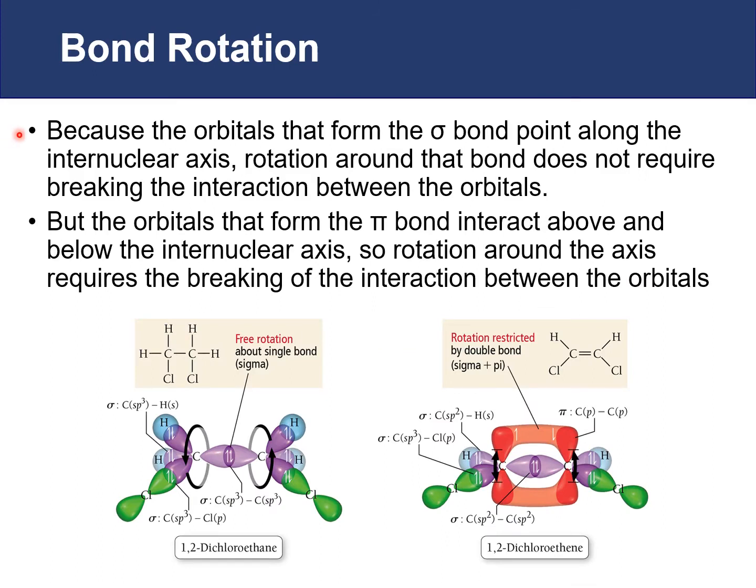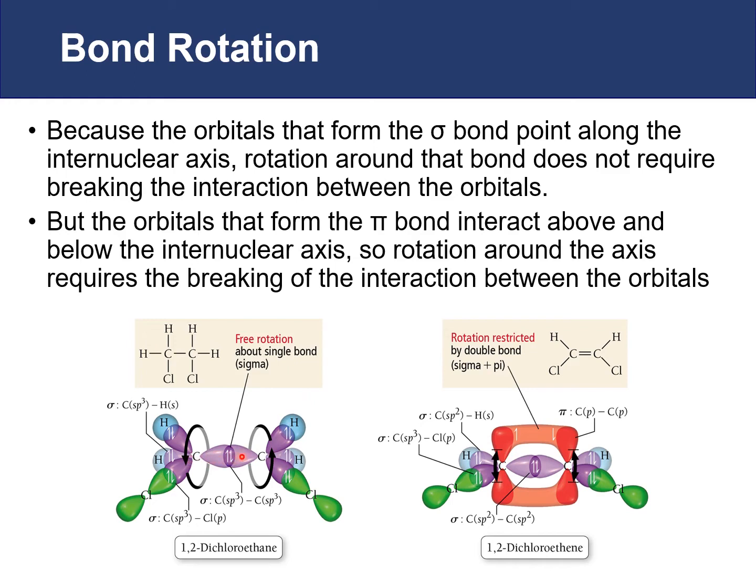Because the orbitals that form the sigma bond point along the internuclear axes, rotation around that bond does not require the breaking of the interaction between the orbitals. So if we only have a single sigma bond between the two atoms, because the overlap occurs directly between, one of the atoms can rotate, maintaining that overlap.